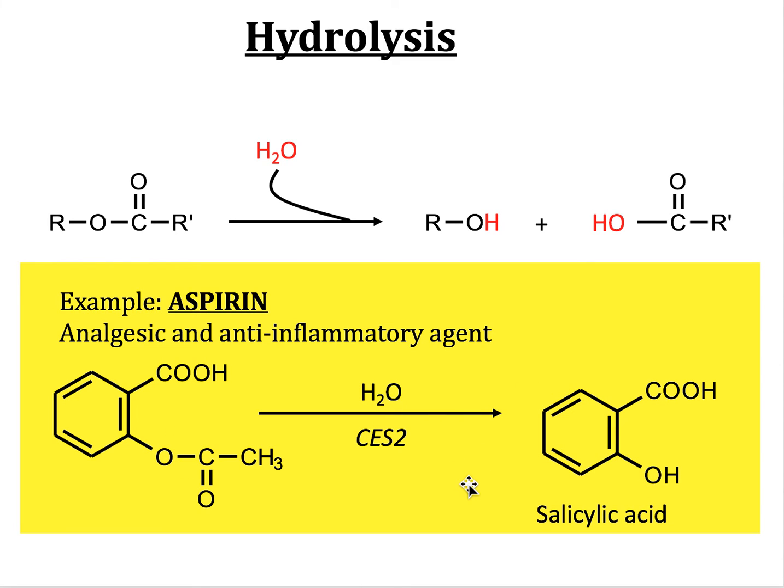So when aspirin is administered, it usually gets converted into salicylic acid within the body by a hydrolysis reaction, with the help of carboxylesterase 2. The side product is not given here, but the byproduct you would get from this hydrolysis reaction is a carboxylic acid.